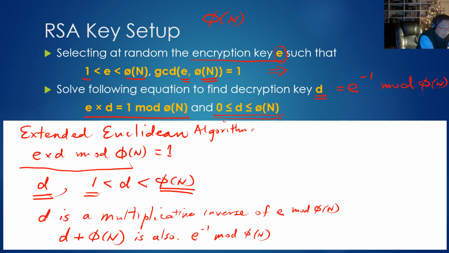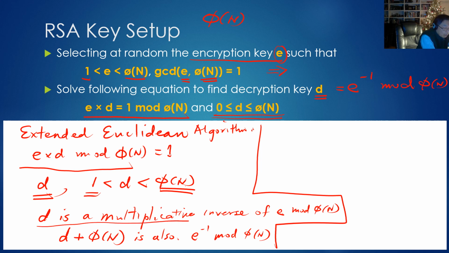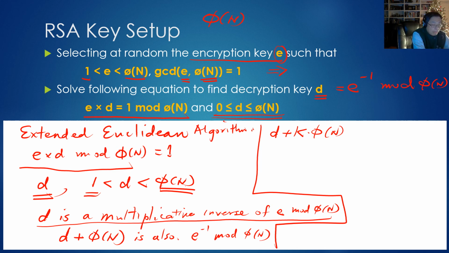In fact, if D is a multiplicative inverse of E modulo phi of n, then any number D plus k times phi of n is also a multiplicative inverse of E modulo phi of n.